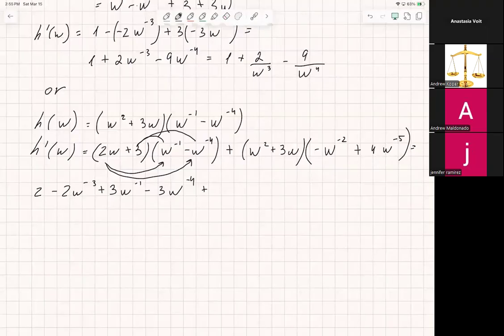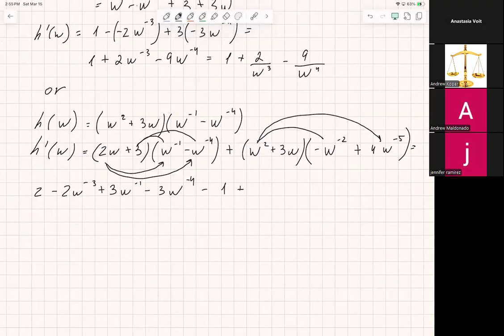Okay. So we have w squared times -w to the -2nd power. That's going to be just -1, right? Now we have w squared times 4w to the -5th power.